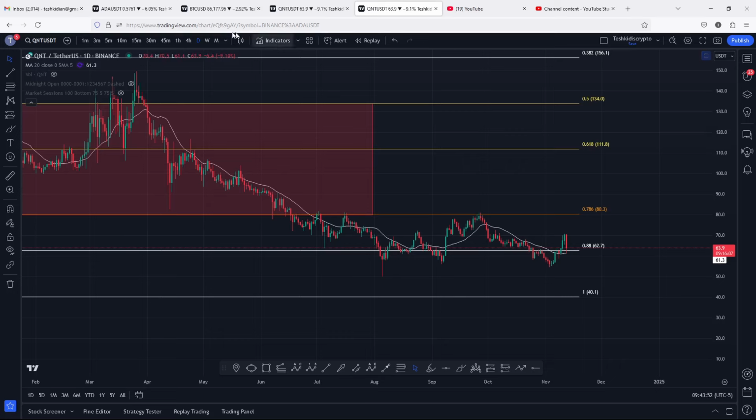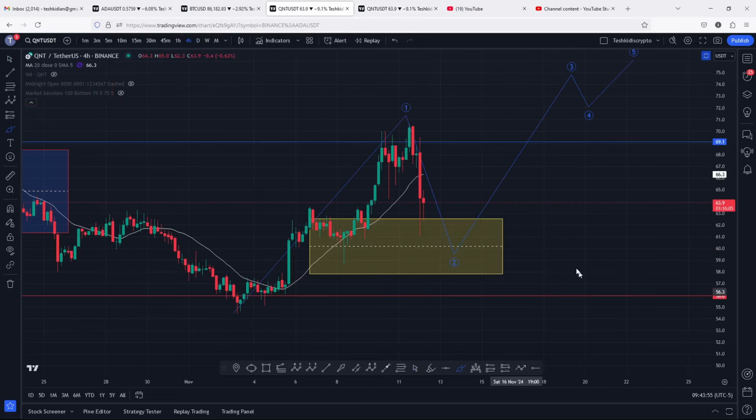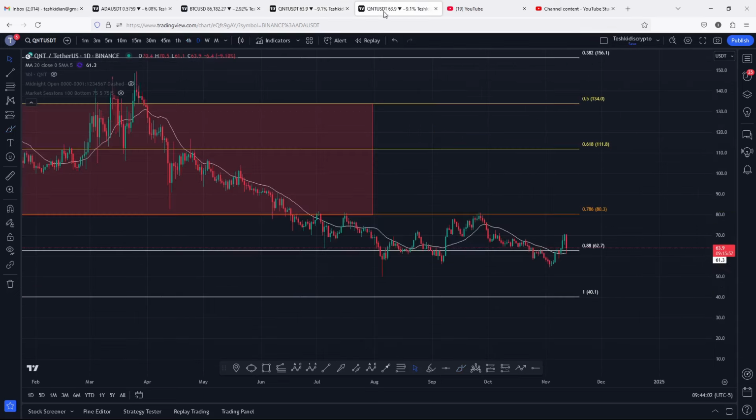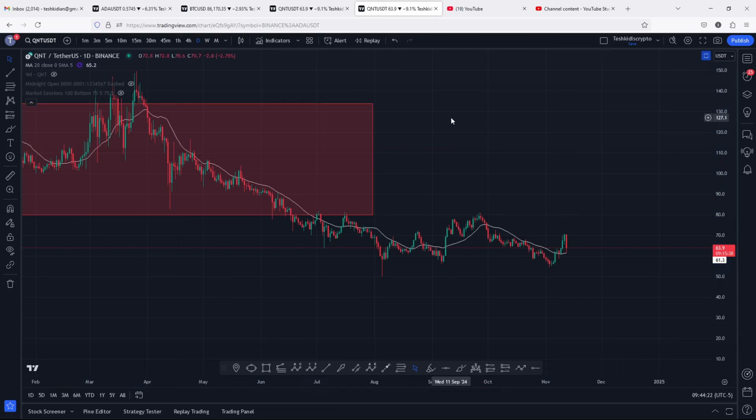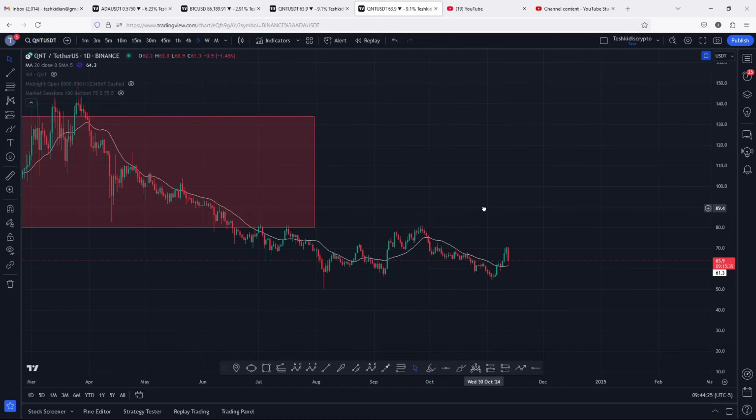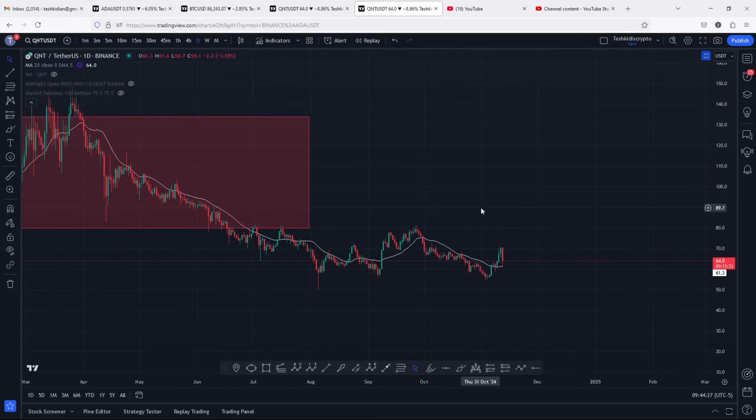And there are high chances that in case our yellow target area over here does not hold and we also lose $56 in the next coming hours, then that will be suggesting that we are going to see a total breakdown move, losing the fib level 0.88 in a move that can easily give us a reset of the bear market lows at the $40.1, and that move can also give us new bear market lows before we can start another bounce back to the upside, maybe taking us to new all-time highs in this bull market.